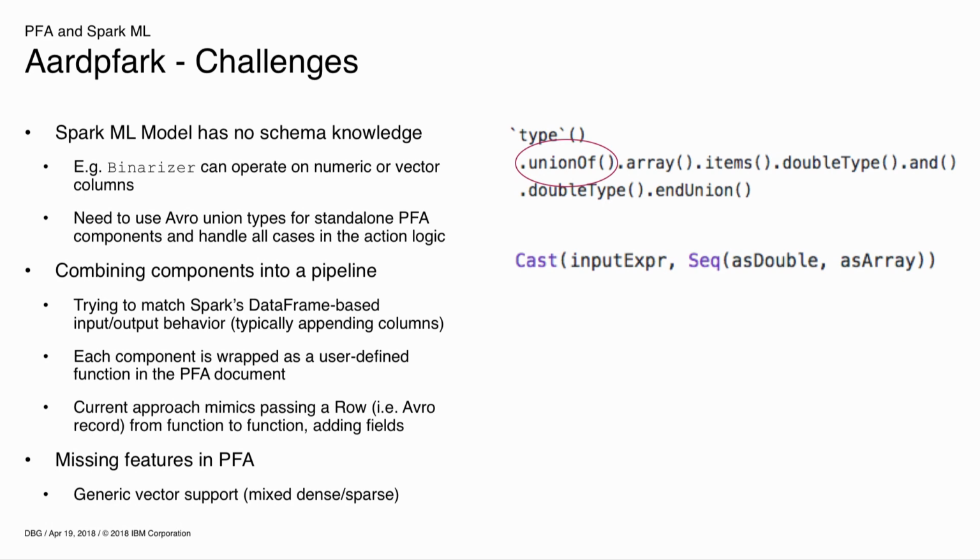But that is something that needs to be addressed. And it's possible in raw PFA, but it becomes very verbose and complex because you need to do a lot of checking. Is it an array? Is it a dense array, sparse array? And then you have to have a different code path for each and every function that accepts one of those arrays. So this should be really baked into the PFA standard. There's no reason that it can't be.